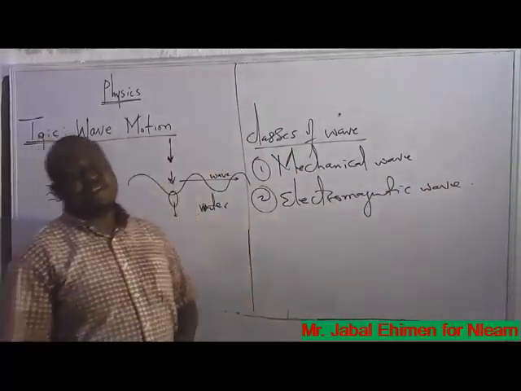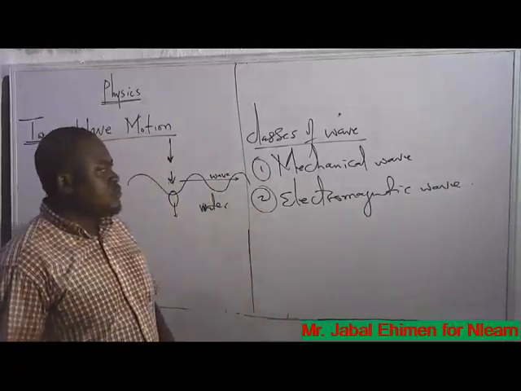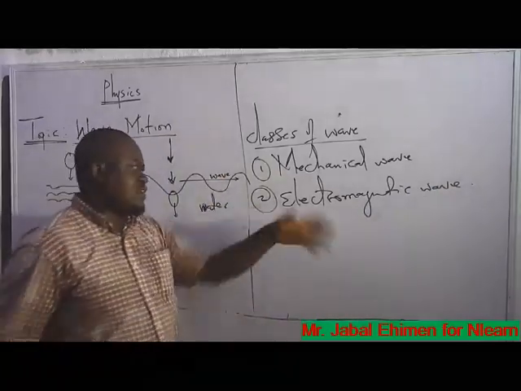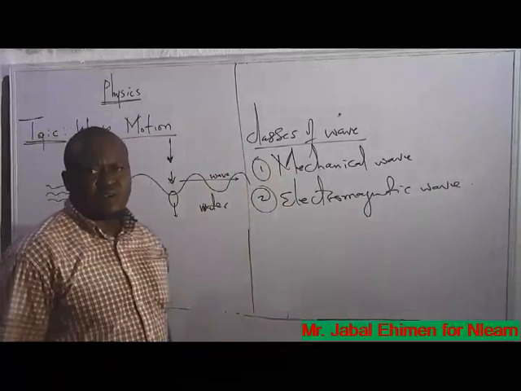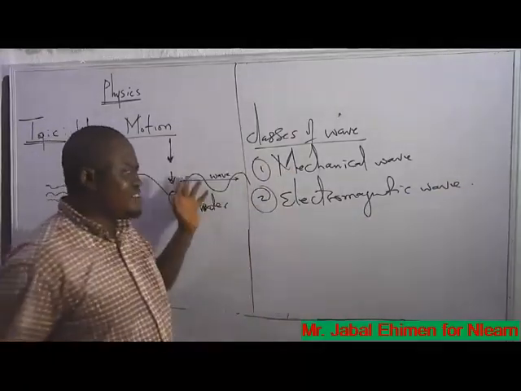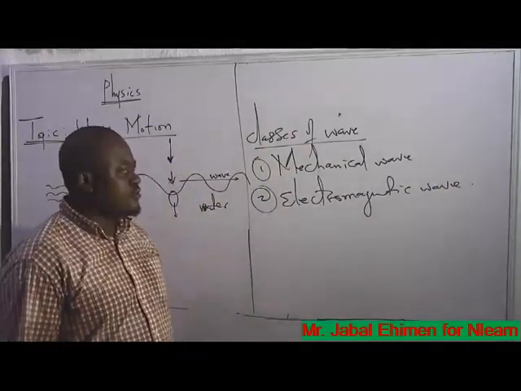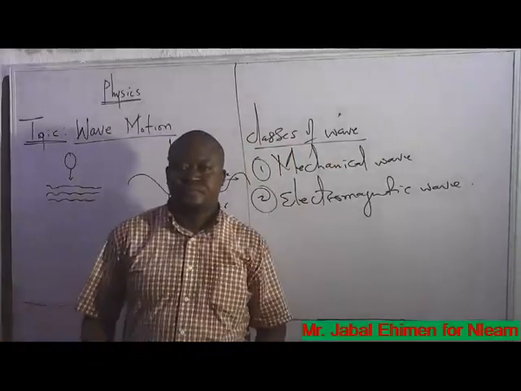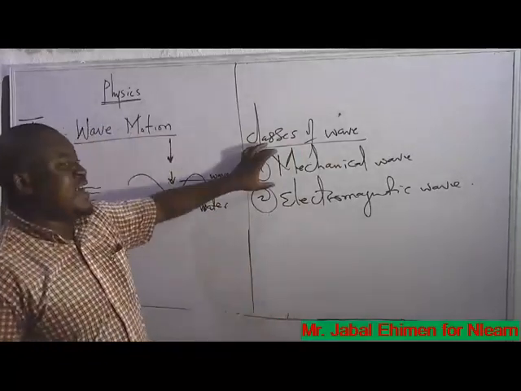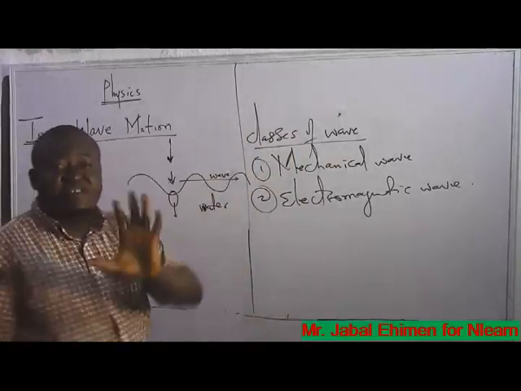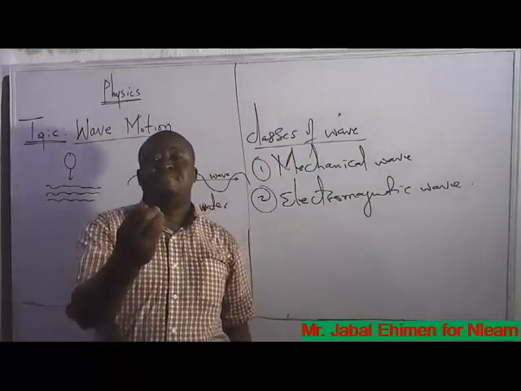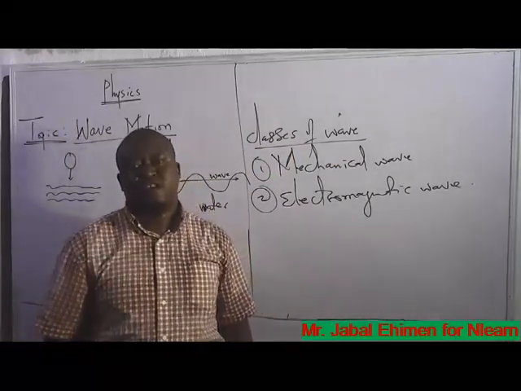Now you ask me this question: what is the difference between mechanical wave and electromagnetic wave? Why is this mechanical? Why is this electromagnetic wave? It's simple. A mechanical wave is that wave that needs a material medium for its propagation.